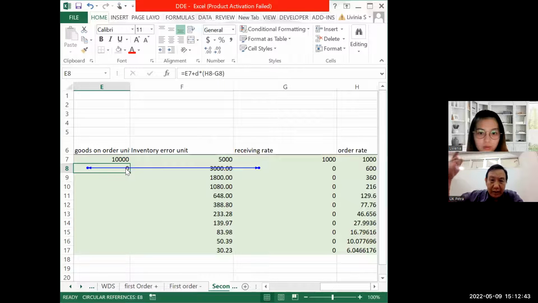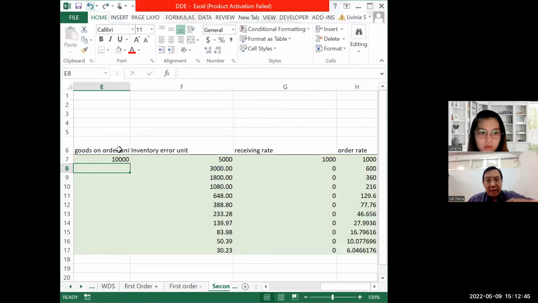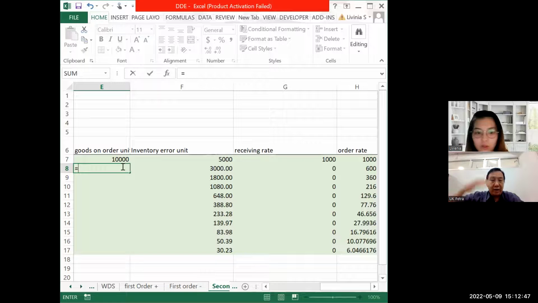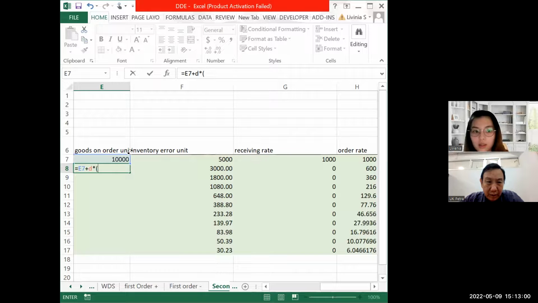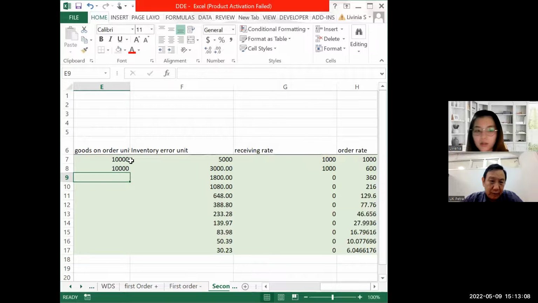Oh, earlier, not in the same line. Usually it should be one earlier. Exactly the same, that one plus, times. Okay, this one, order rate minus receiving rate. Okay, close. Okay, good.